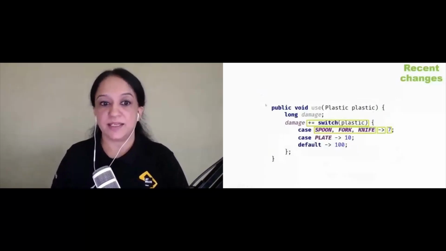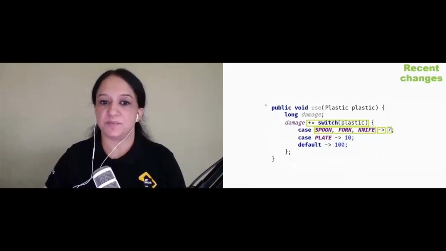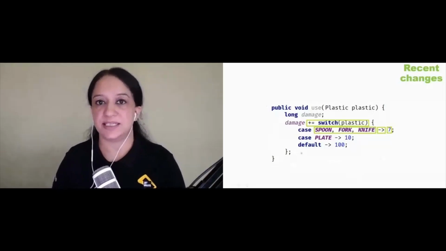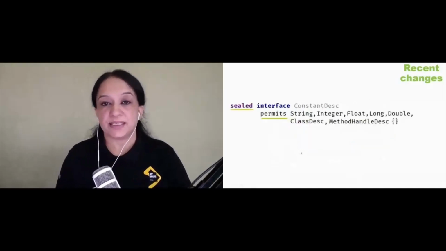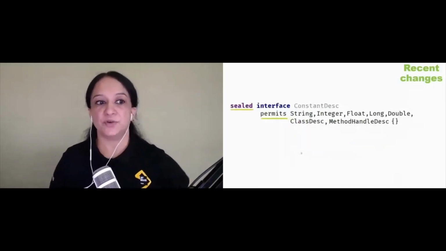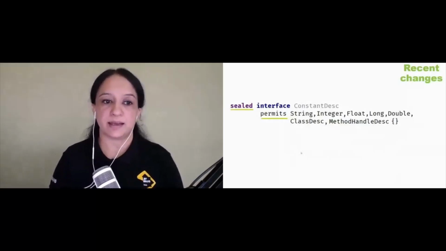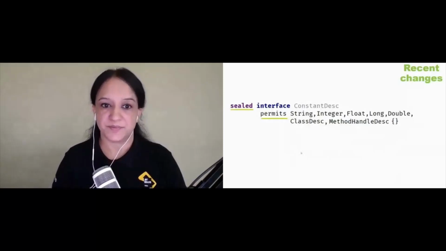With Java 12, you had a concise form of switch statements which lets you return a value from the switch statements, which you couldn't do earlier. Sealed types, released in Java 15, would let you model your business domain and restrict what other classes or interfaces can extend or implement your types.